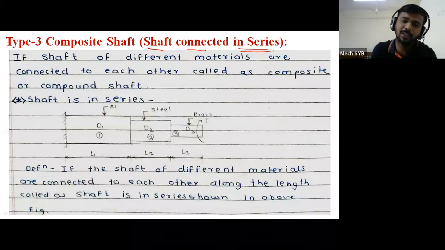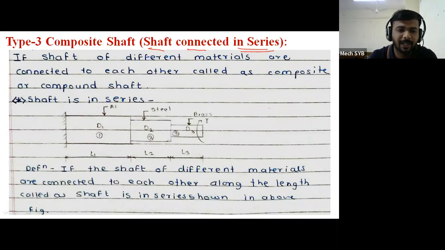Similarly, composite shafts are also there. What is the definition of composite shaft? Shafts of different materials connected to each other. That is called a composite shaft. If one shaft is made of steel, it is called only steel.